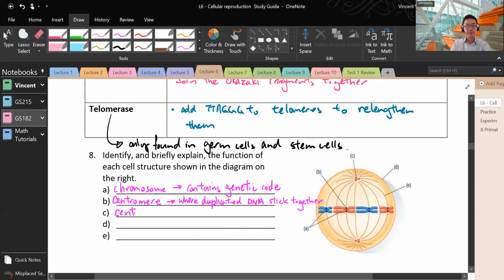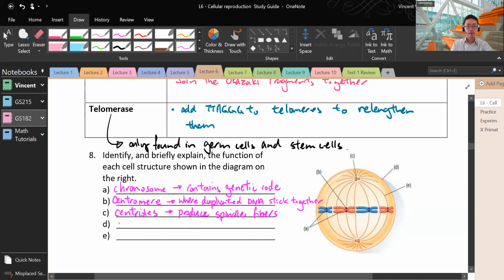We learned that in lecture 3. Some textbooks might say centrosomes, but we're not going to make that distinction. It doesn't matter. So centrioles, this is where spindle fibers are produced, and the function of the spindle fibers is to help guide the movements of the chromosomes.